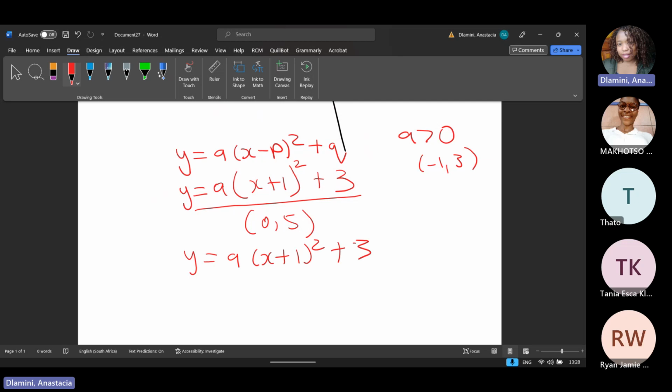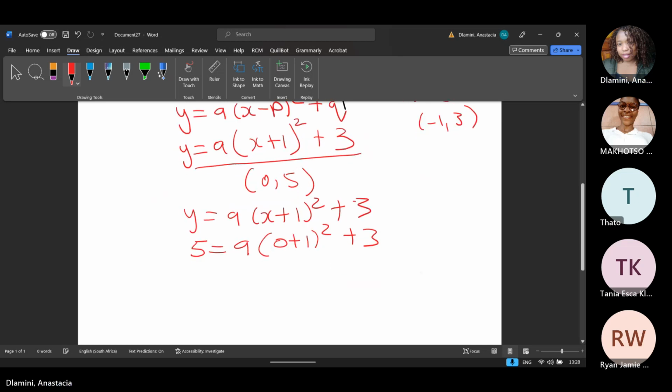Then we know that y is 5. So 5 equals a, x is 0, right? 0 plus 1 squared plus 3. So then we know that a equals 5 minus 3.